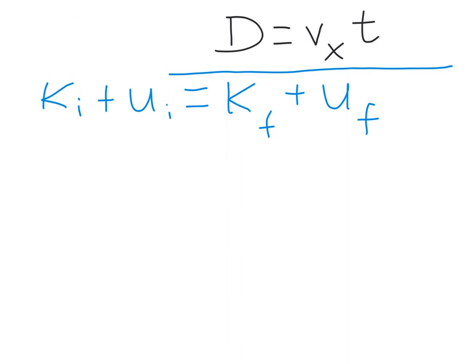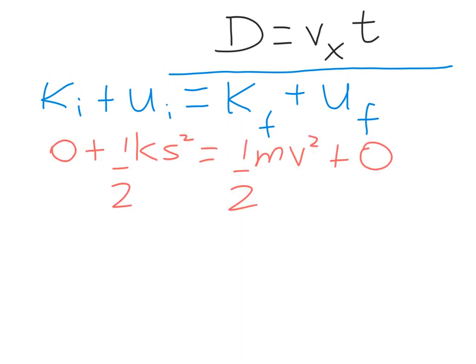Well, in that case, the initial kinetic energy is zero because the ball is not moving when the spring is fully compressed, and the potential energy is the spring potential energy, and the final kinetic energy is up here. It's 1/2 mv squared. The ball is just at the edge of the table, and there is no potential energy.